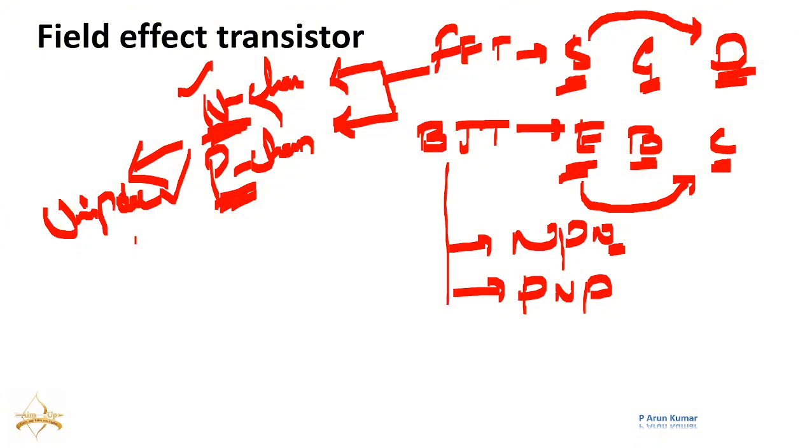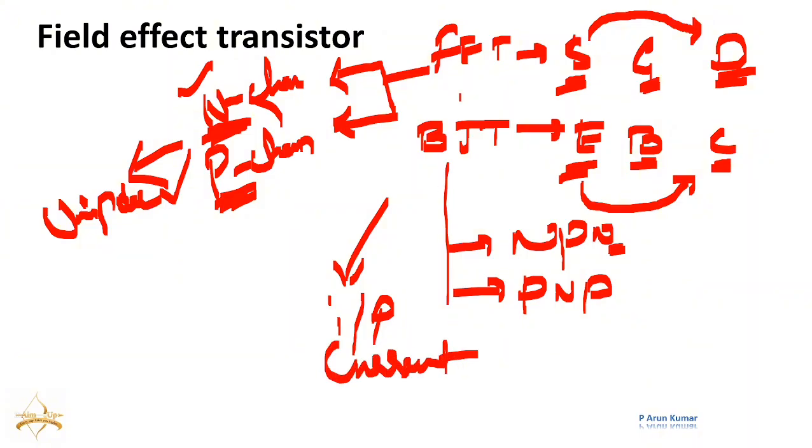And the other difference between these two is that in the BJT, we have been seeing that its output characteristics like output current, output voltage, everything can be controlled with the help of input current. Whereas in the case of a FET, everything can be controlled with the help of a voltage.